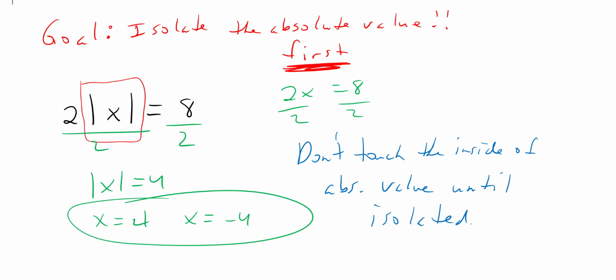Okay, and we're going to get to a problem like that where you're going to have a lot more stuff in here, and you can't touch it until you get rid of that 2 or anything else around it. Okay, all right. So let's keep going here. What if I said 2 absolute value of x minus 3 equals 7?